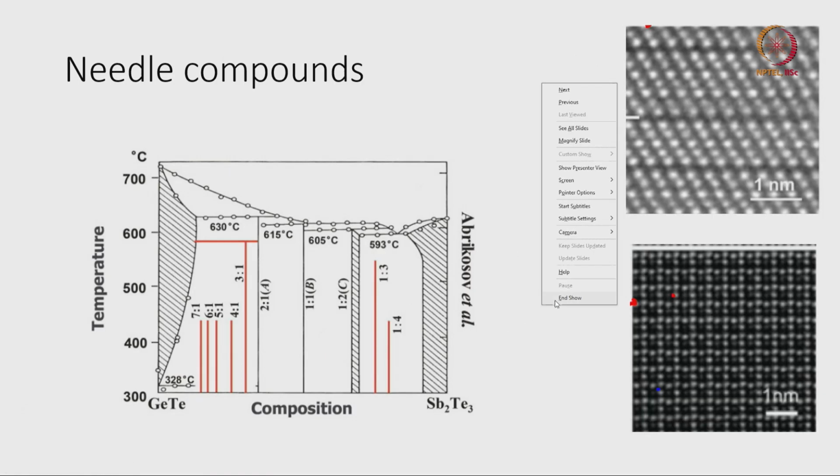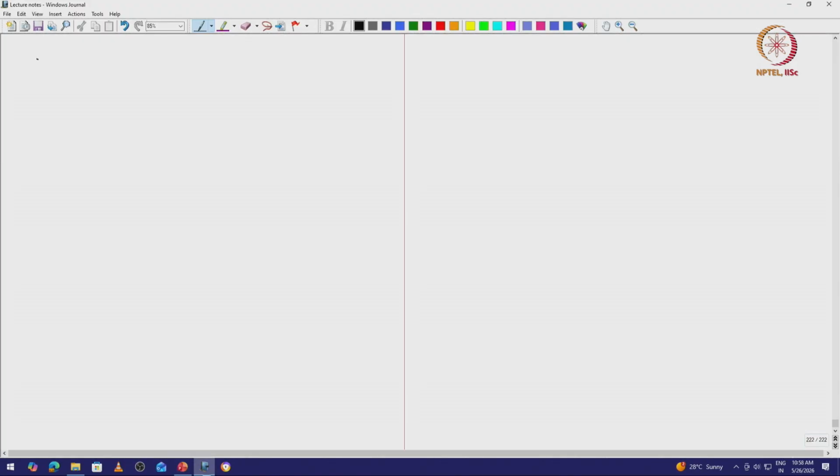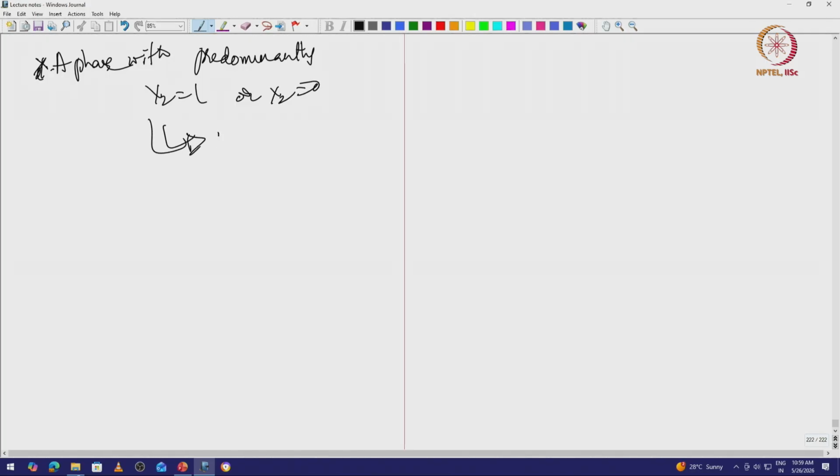Now, what I said essentially so far is a phase with predominantly x2 equal to 1 or x2 equal to 0. So, these are what we said so far were needle compounds.